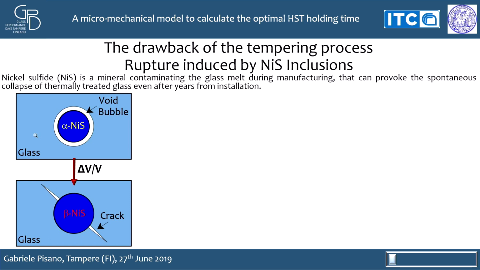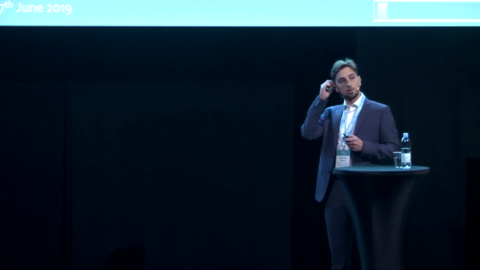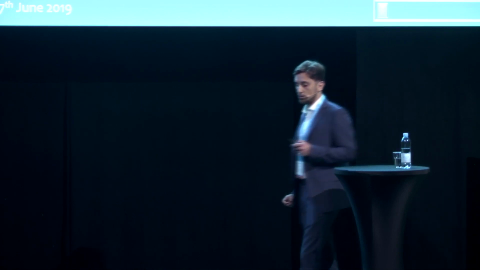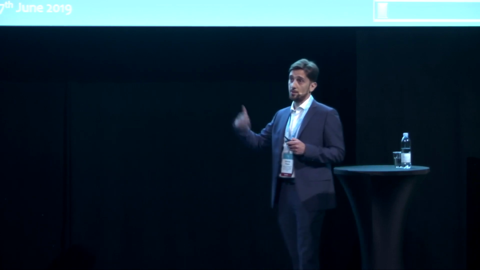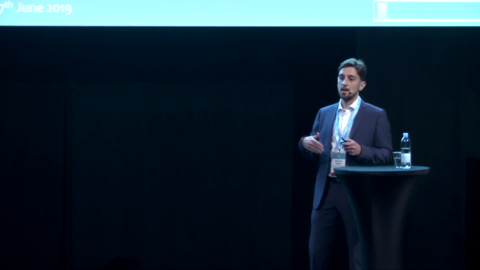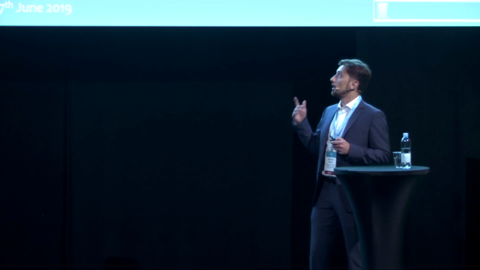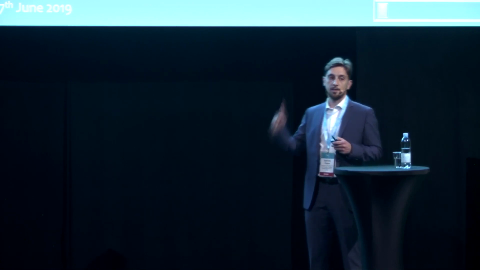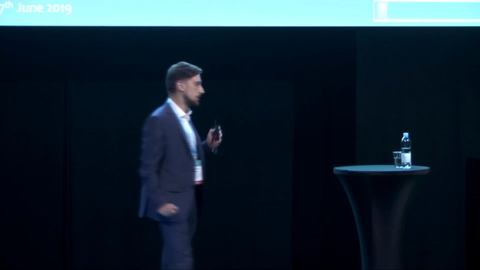But the cooling is so rapid that there is no time for transformation, and that is why the inclusions are in the metastable alpha condition, and they transform in time. The phase transformation is accompanied by a volume expansion, because of which the surrounding glass can be stressed and a crack can initiate if the inclusion is in the core part of the element, where the stresses are tensile.